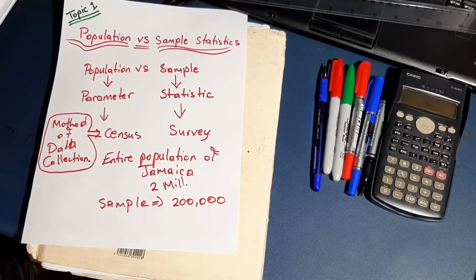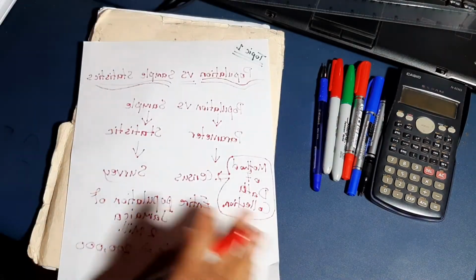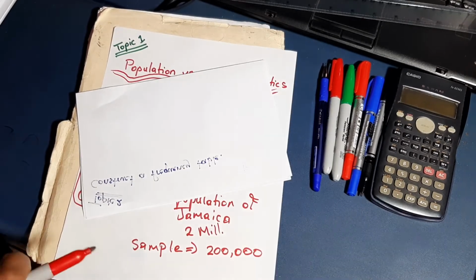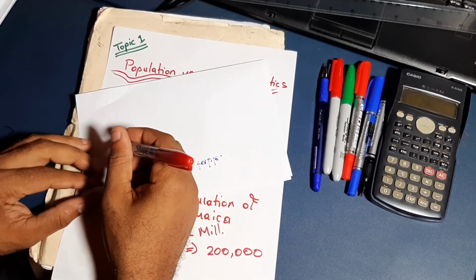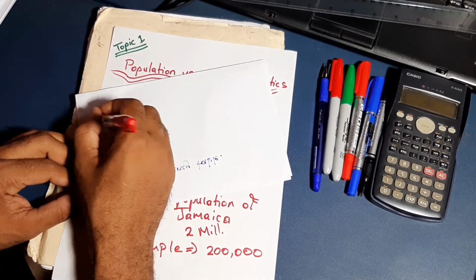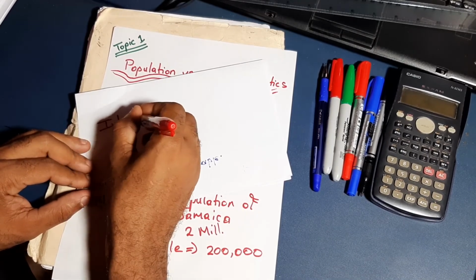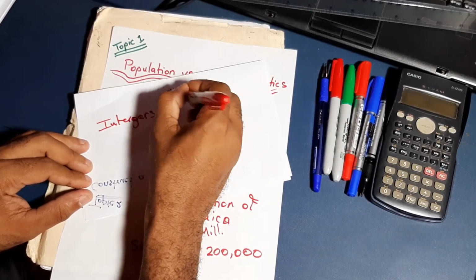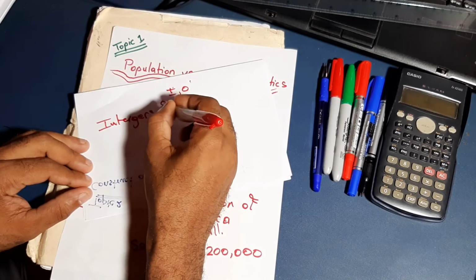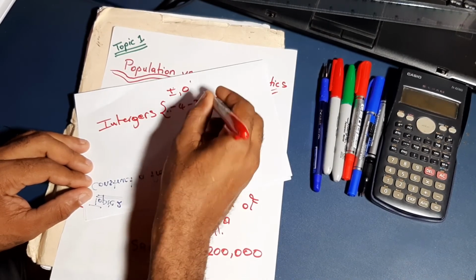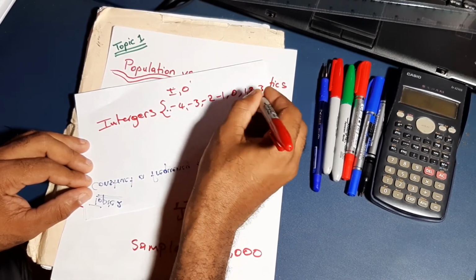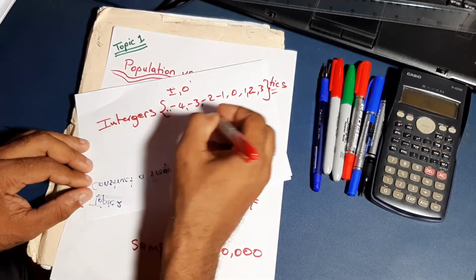So let's see if I can give another example. Let's say we're going to do research on integers. We know that integers consist of positive and negative numbers, including 0: -4, -3, -2, -1, 0, 1, 2, 3. So the integers would refer to the population.